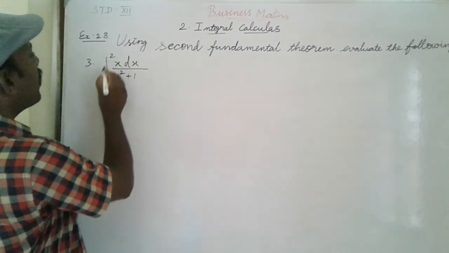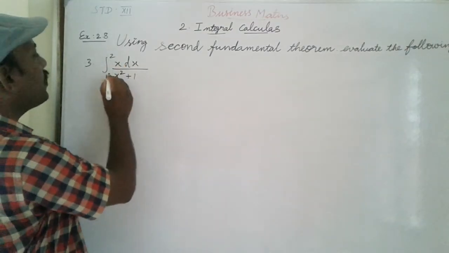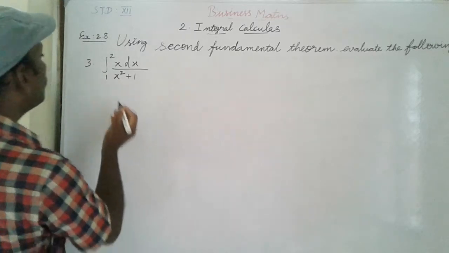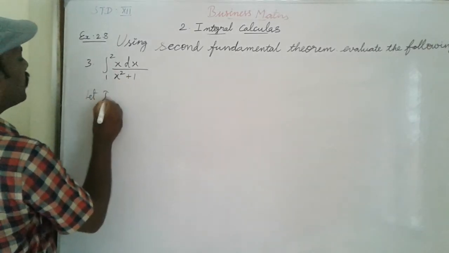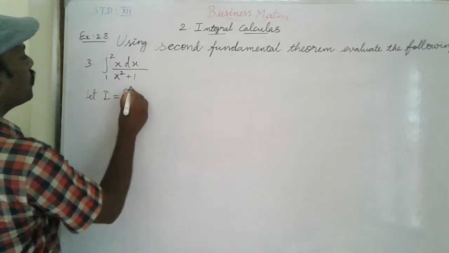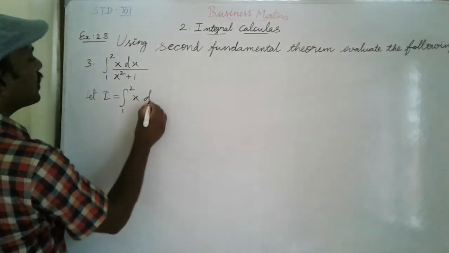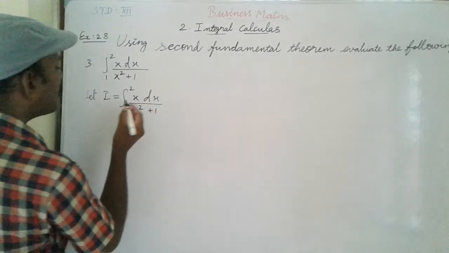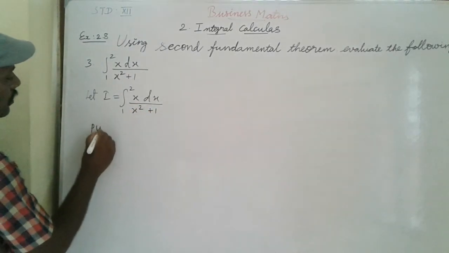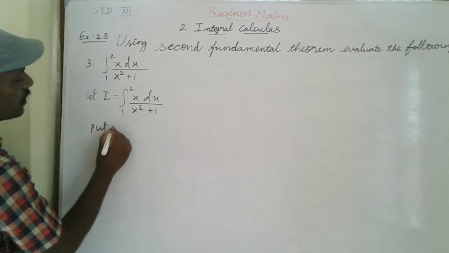Next sum: integral from 1 to 2 of x dx divided by x square plus 1. Let I equal integral from 1 to 2 of x dx divided by x square plus 1. We take t equal to x square plus 1.